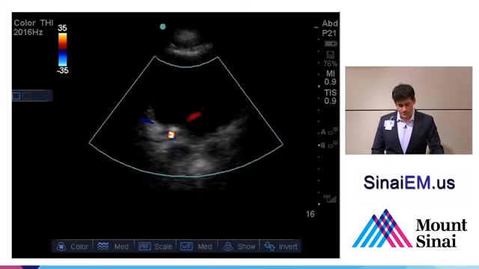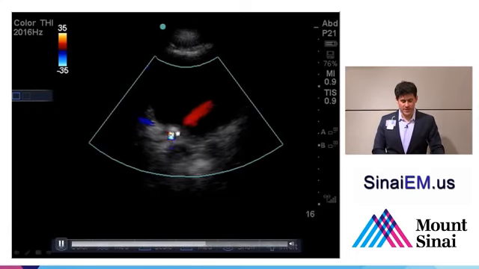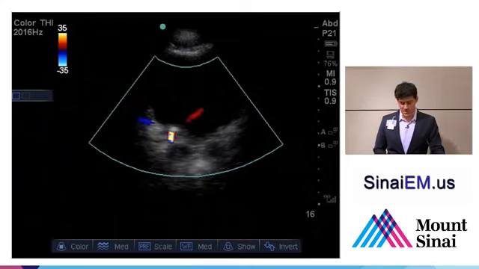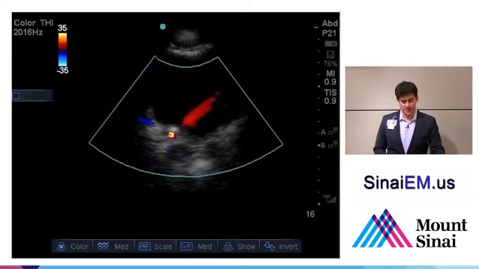And the other thing we're seeing is a little speckling behind the stone itself, and there's one or two articles in the ultrasound literature that suggest that that's a reasonably sensitive and specific sign of stones, and that stones tend to speckle on ultrasound, and it's not really 100% clear why that is. It might have something to do with the rough texture of the stone itself and the way it interferes with the reflections of the Doppler signal.